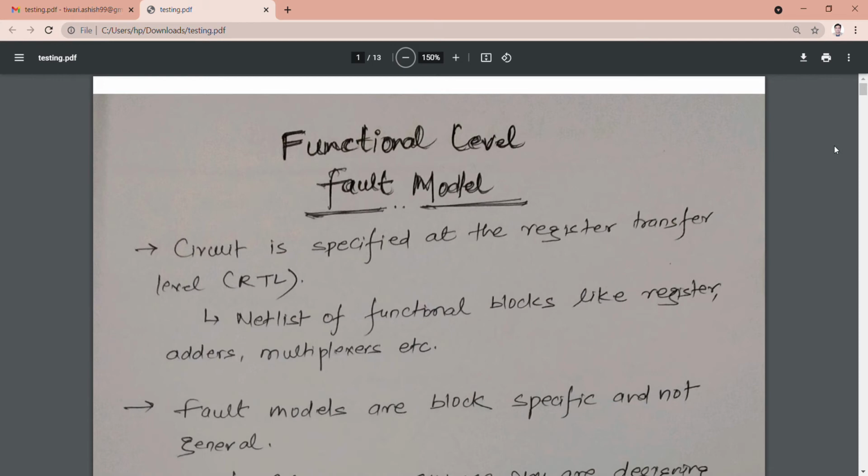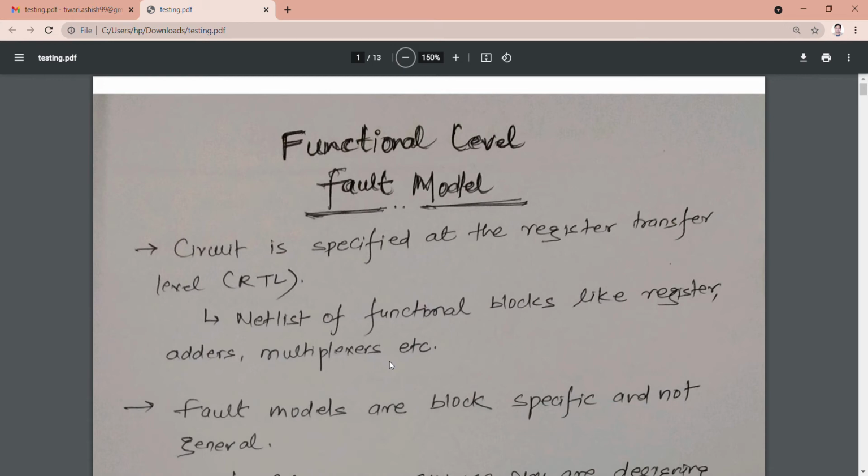Let us understand. The circuit is specified at the register transfer level, that is, a netlist of functional blocks like registers, adders, multiplexers, etc. So the fault models that we are taking now are examples of the functional fault model.